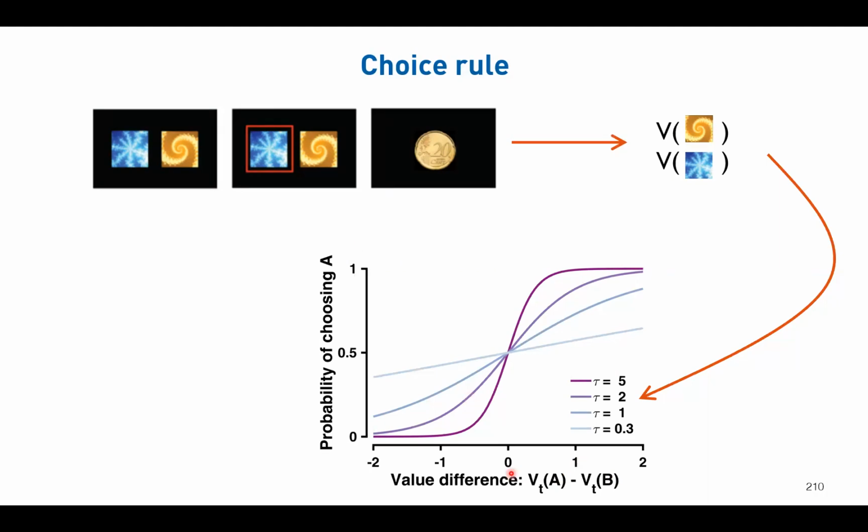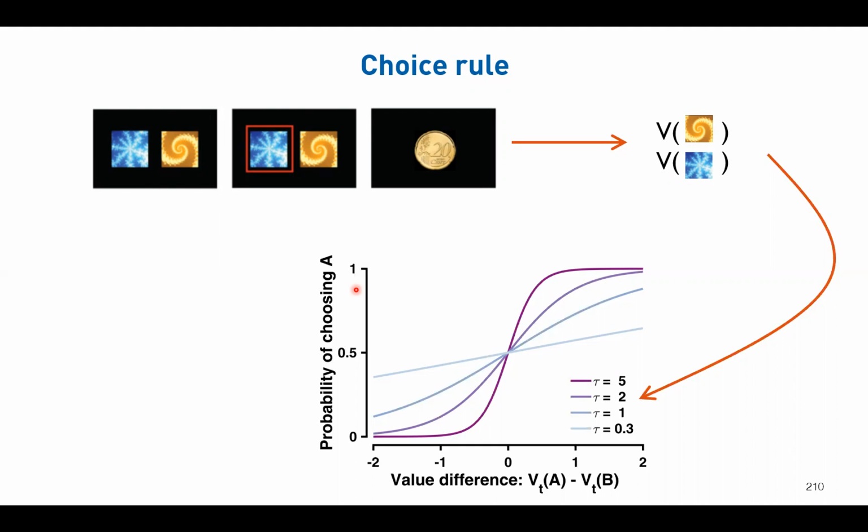What you can see here is that the larger the value difference, the more likely the yellow option will be chosen. Let's look at the solid, darker purple line. It is not really surprising, right? If the difference is larger, you believe that the value of yellow is better than the value of blue, so you will be more likely to choose the yellow option.